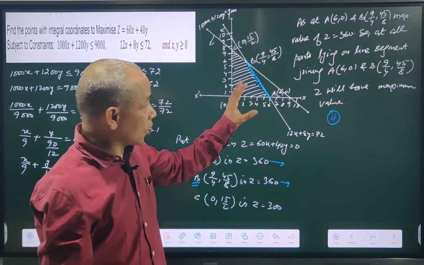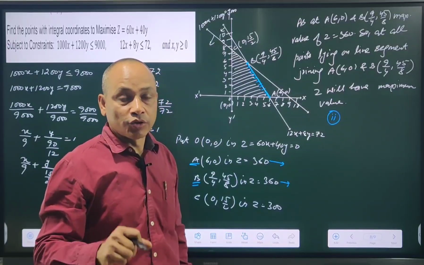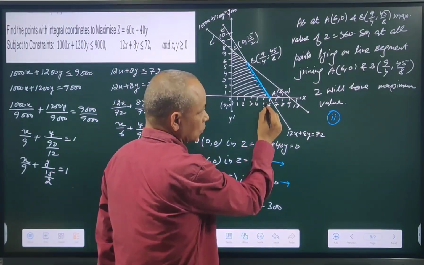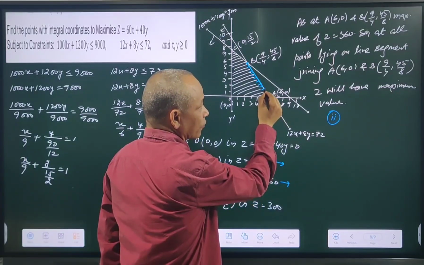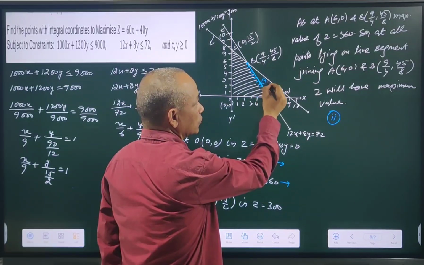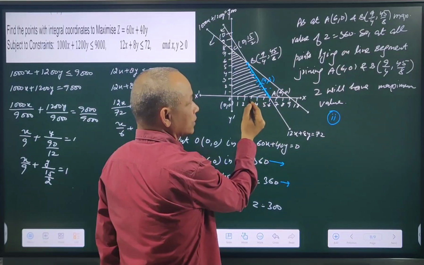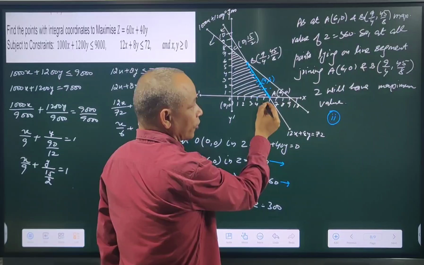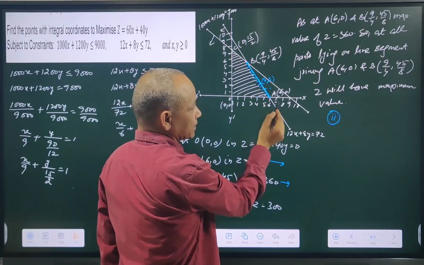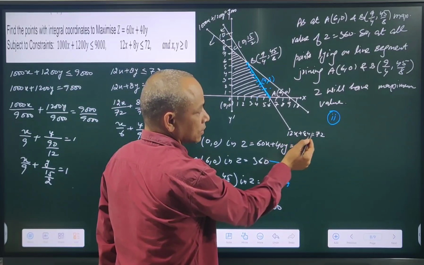What we'll do is, if you draw it on the graph sheet, then you will observe that point A is (6, 0), another point will be (5, some fraction), next point will be (4, 3). See, X is 6, 5, 4, 3, 2, 1 and 0, and for these find Y. So when X is 6, Y is 0.